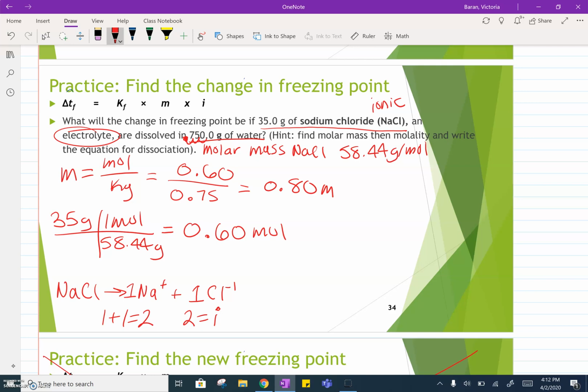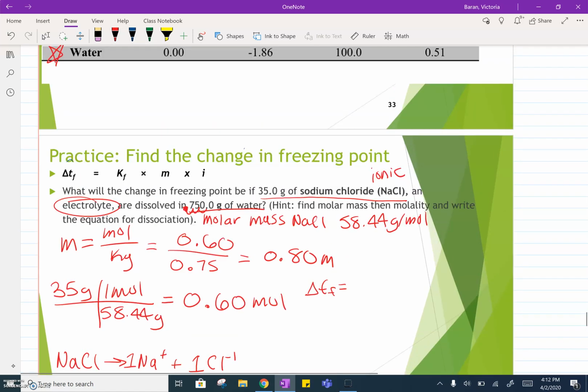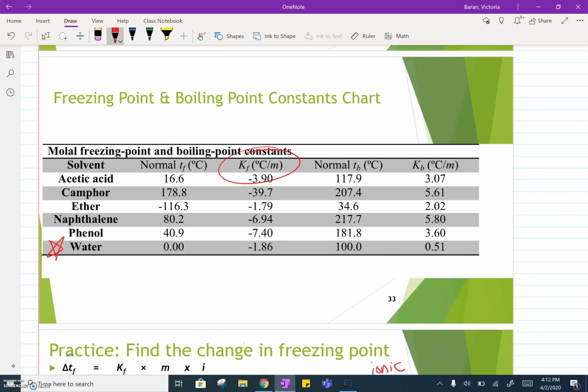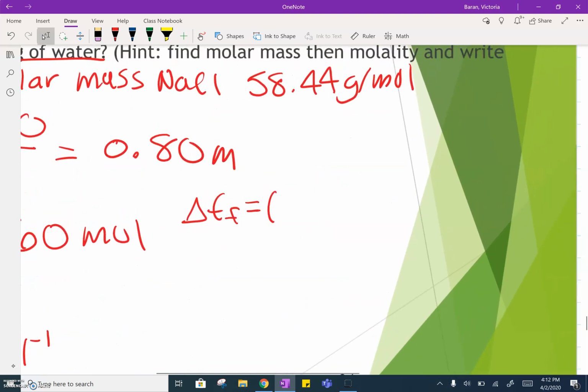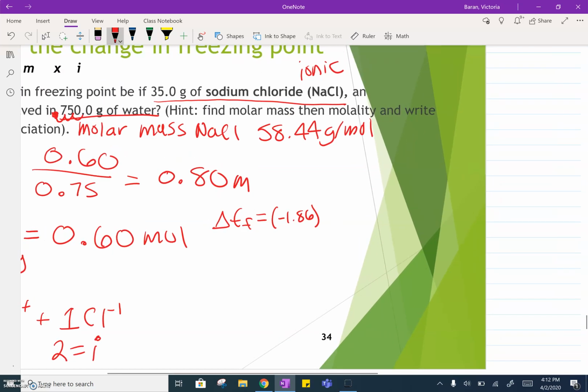So you just add up the total number of ions that you get from dissociating the solute. So now we can find delta T_f, which is the change in freezing point. We're going to use K_f, which we get from the chart. For water, that is negative 1.86. So we have negative 1.86 times the m for molality, which we calculated to be 0.8, times i, which we got 2 for.